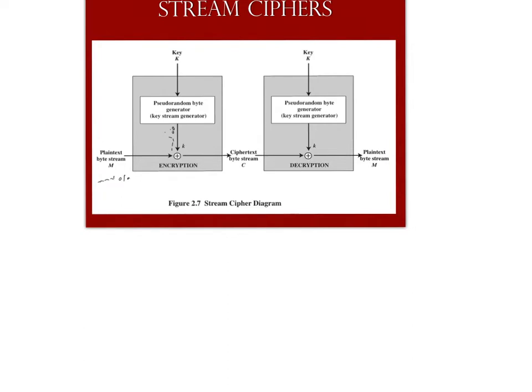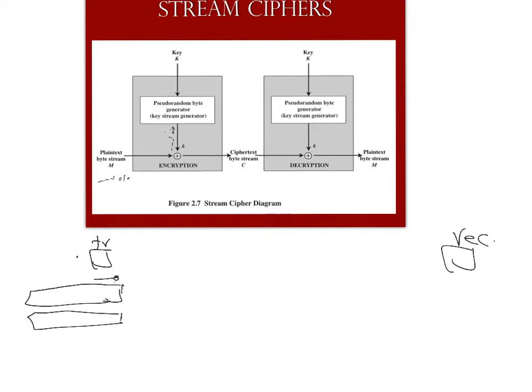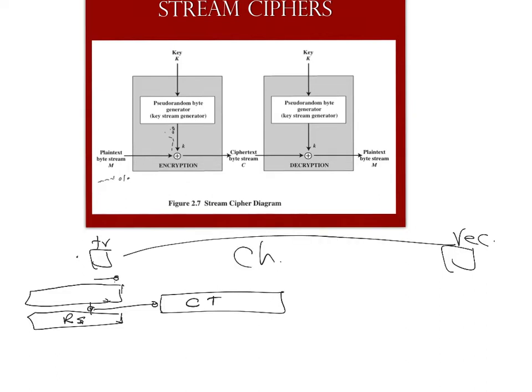So if we have this is the transmitter and this is the receiver, okay, and you have a stream of bits that are coming in, then what you do is that you generate the random sequence, okay, and then you XOR. And then the XORing is to be sent as the cipher text over the communication channel.